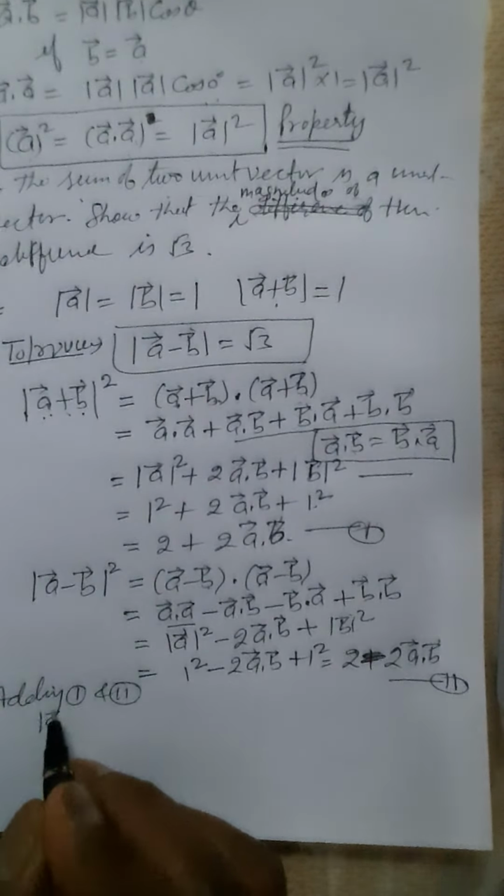This result is given to you, 1 square. Magnitude of vector A minus vector B whole square is equal to 4. So magnitude of A minus B whole square will be equal to 4 minus 1, that is 3. So magnitude of A minus B will be equal to root 3, hence proved.